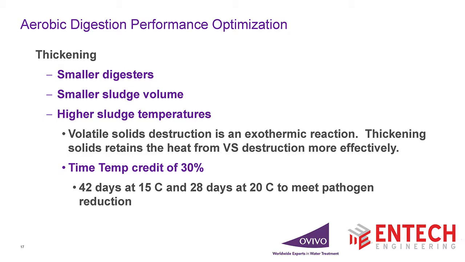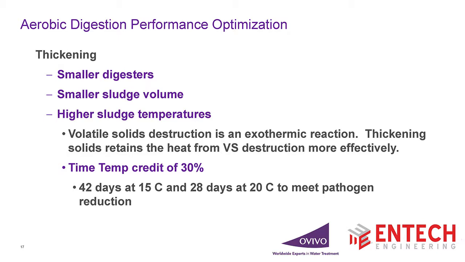Thickening, then, rather than thickening in the digester, thickening ahead of the digester allows us to have smaller digesters, but also is key to helping us control temperature, because you do produce a lot of heat through digestion, but the way you use that heat is to control how much water you're heating up.